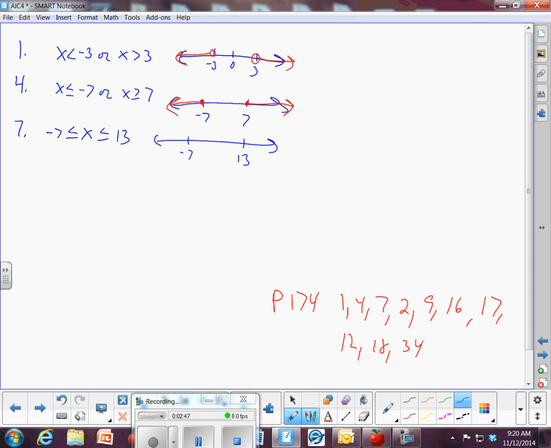So the answer on their number line is a dot on the -7 and a line all the way to the 13 with a dot on the 13. Okay, this means any value from -7 all the way up until 13. This one was a conjunction, and that's the intersection.